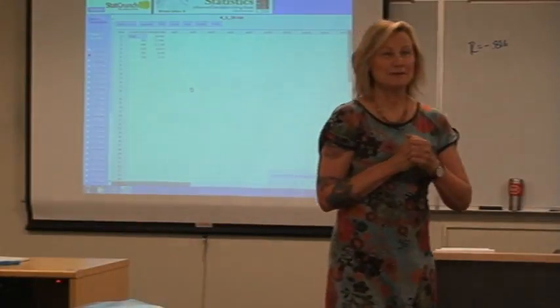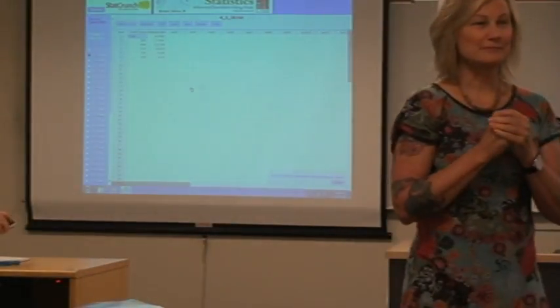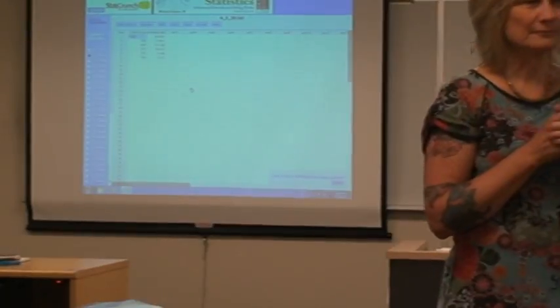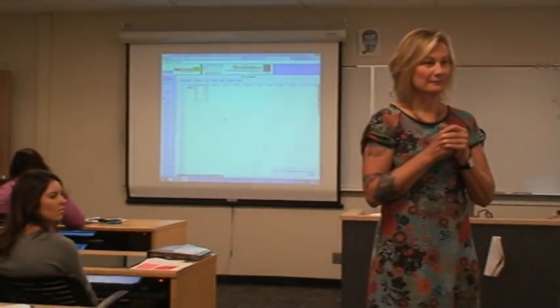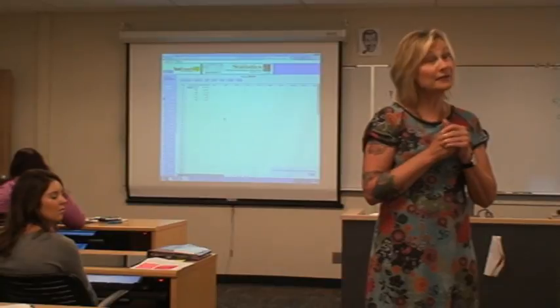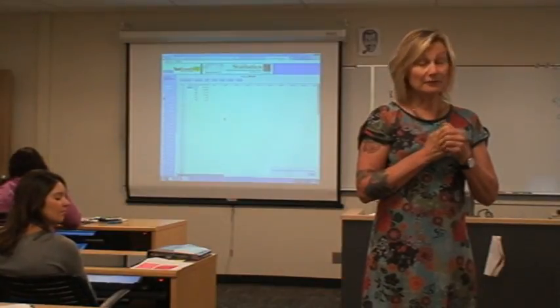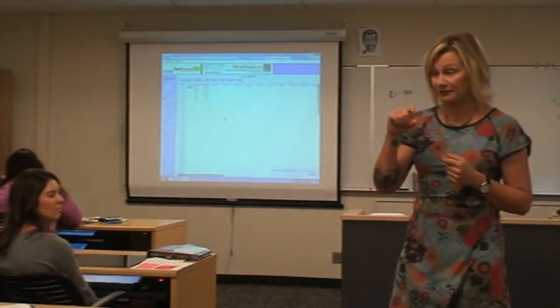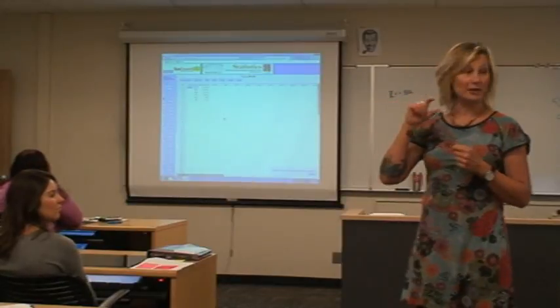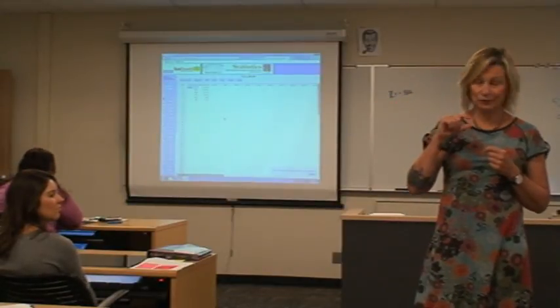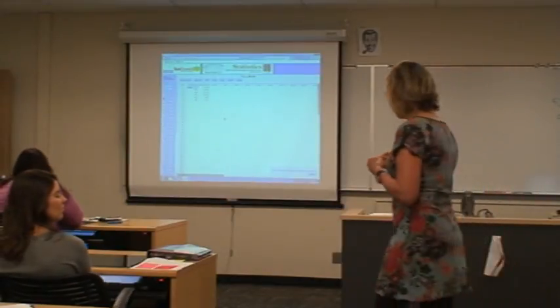Anybody? Yeah, Kevin. The residual is the distance from your actual plotted point to the predicted line it should be on. Good, that's right. A residual is the vertical distance between each data value and the regression line.